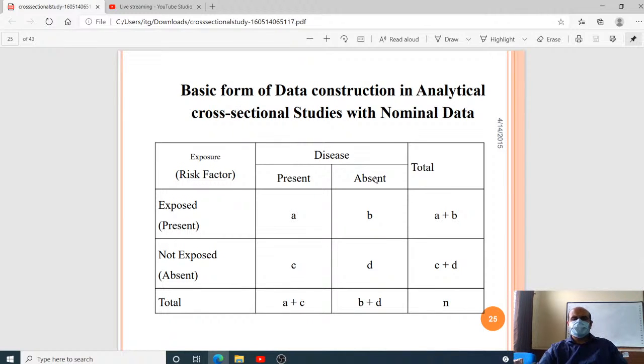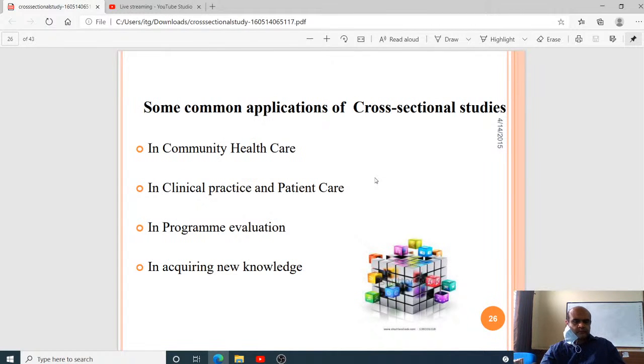The basis is data construction of a 2x2 table: disease present or absent, and exposed divided by unexposed.